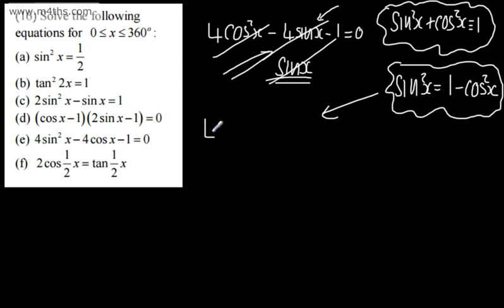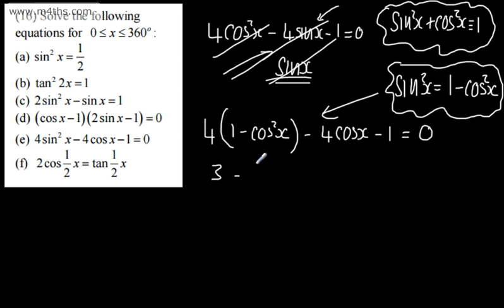So what I'm going to have is 4, instead of sine squared x, 1 minus cos squared x, minus the 4 cos x minus 1 is equal to 0. If I multiply this out, what we're going to have is 4 minus 1, which is going to give me 3, minus 4 cos squared x minus 4 cos x, and that is going to be equal to 0.